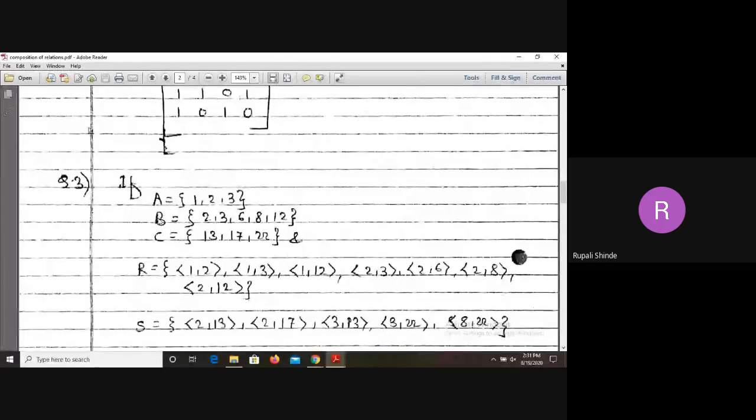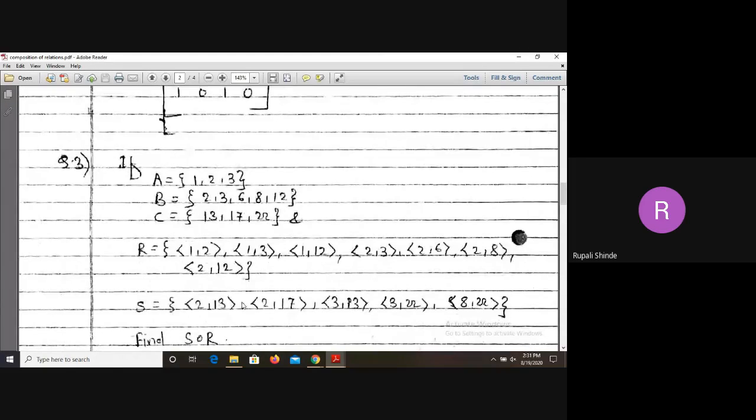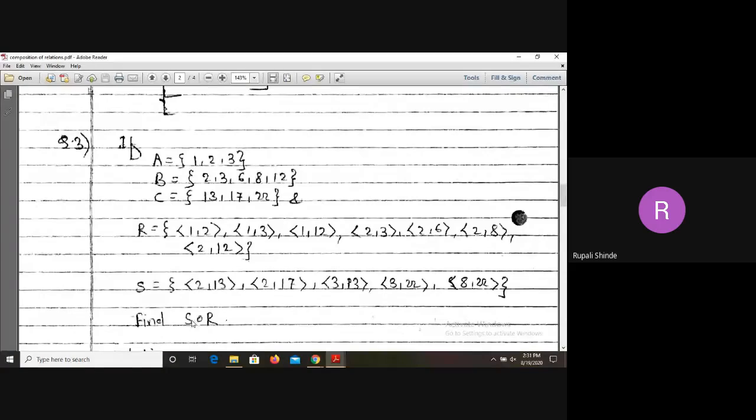Next question. Here three sets are given A, B, C and over these three sets a relation R and S are defined. So R and S are given here. We have to find the value for S composition R. So tell me what is the value for this composition?